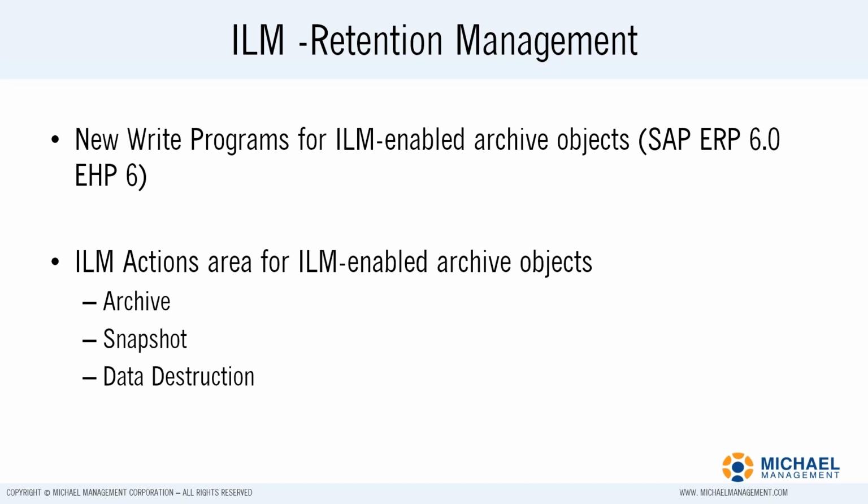And then there's also a data destruction feature. Okay, and this will produce an archive file still and make sure data is written out correctly to an archive file, and then do the subsequent deletions, provided the other ILM retention rules are met. So there is a safeguard in there. It's not going to just go ahead and wipe everything out of the database.